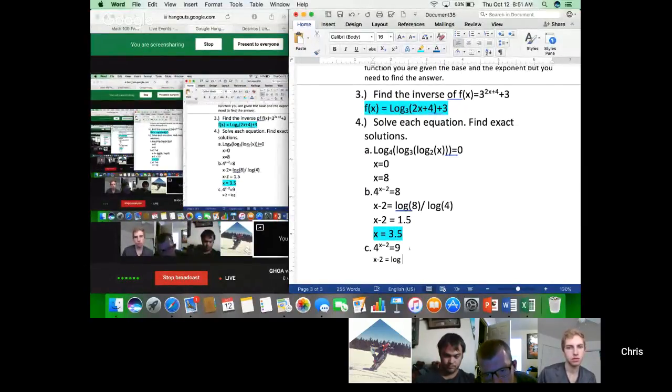Why does that equal 1.5? I don't know. That's what I thought, but maybe not. So on this one, you just said x minus 2 is equal to log of 4 or log of 9. 9 divided by log of 4. No. Yes.